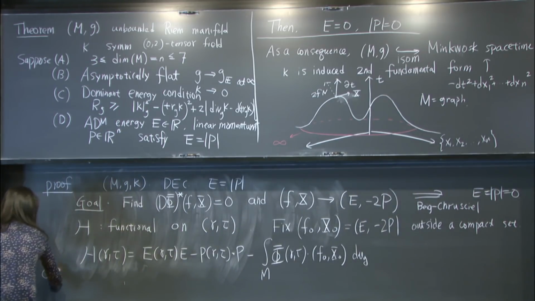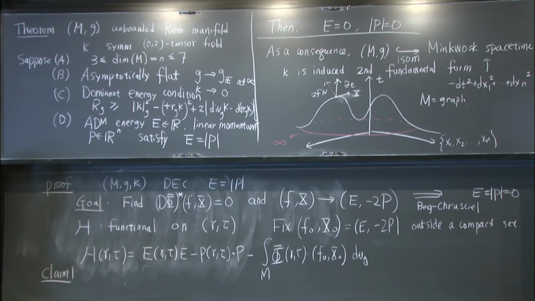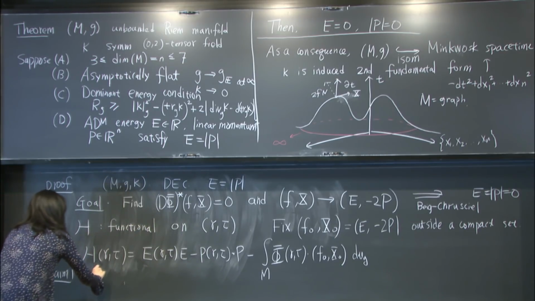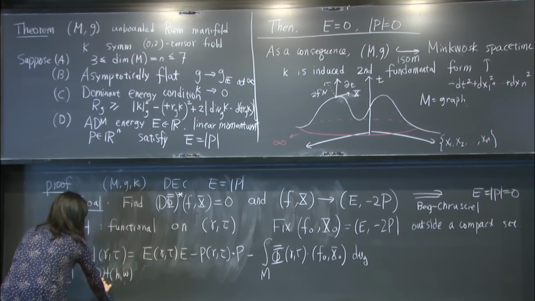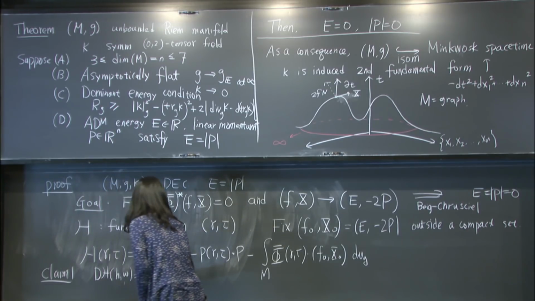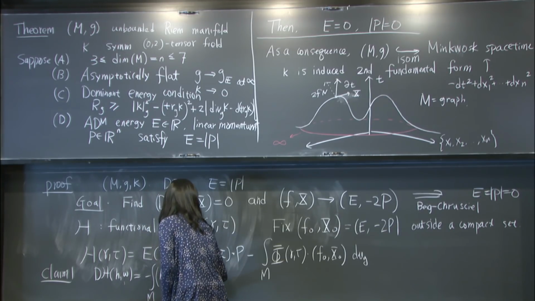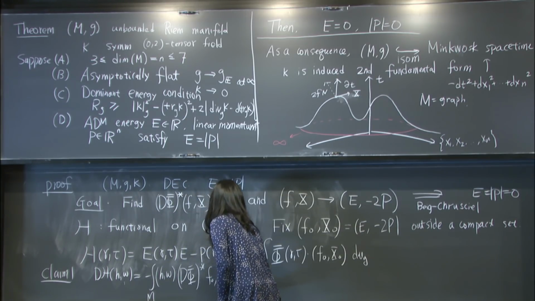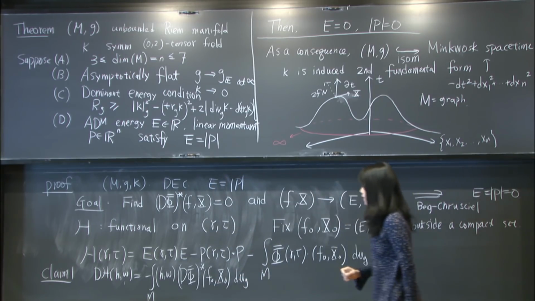So the first claim is the Euler-Lagrange equation of this will come out exactly as this adjoint operator. So in some sense, the map is by design.